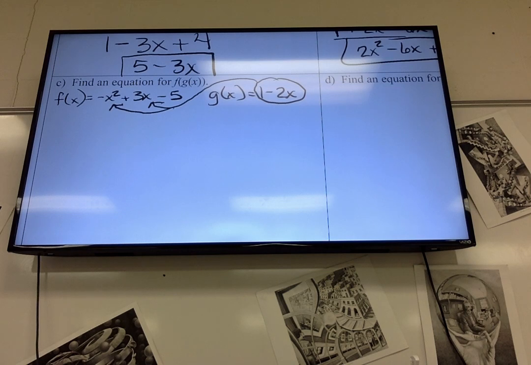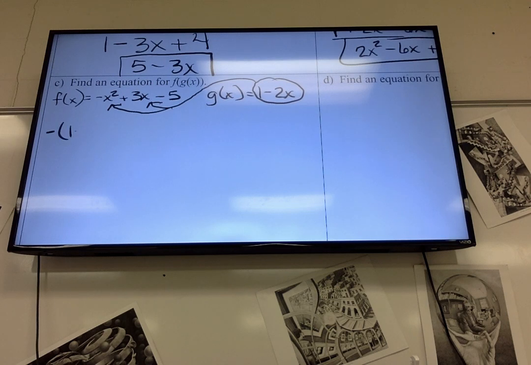You're going to replace all the x's with what's circled here, 1 minus 2x. So it's negative 1 minus 2x squared. Notice the 1 minus 2x is in parentheses. Plus 3 times 1 minus 2x, and then minus 5. So all I have done is replace both of these x's with this.